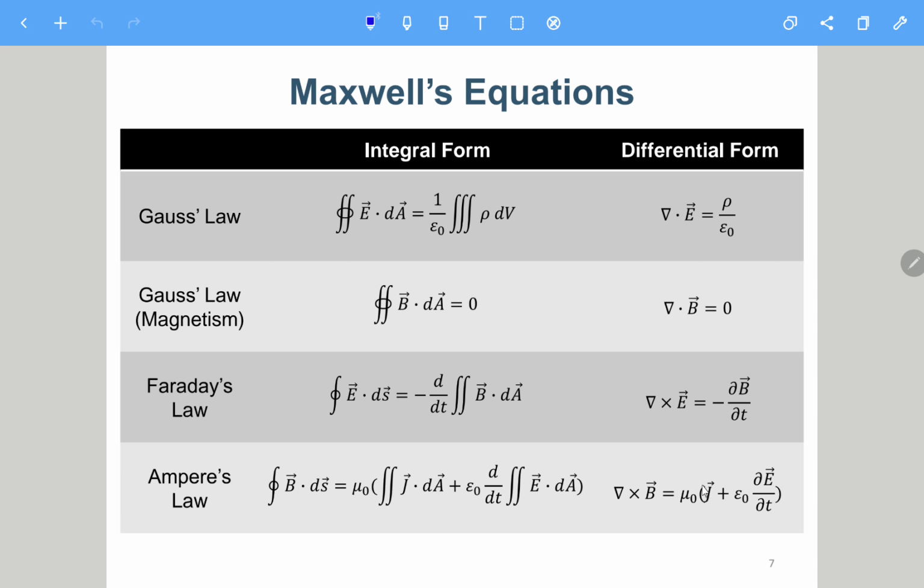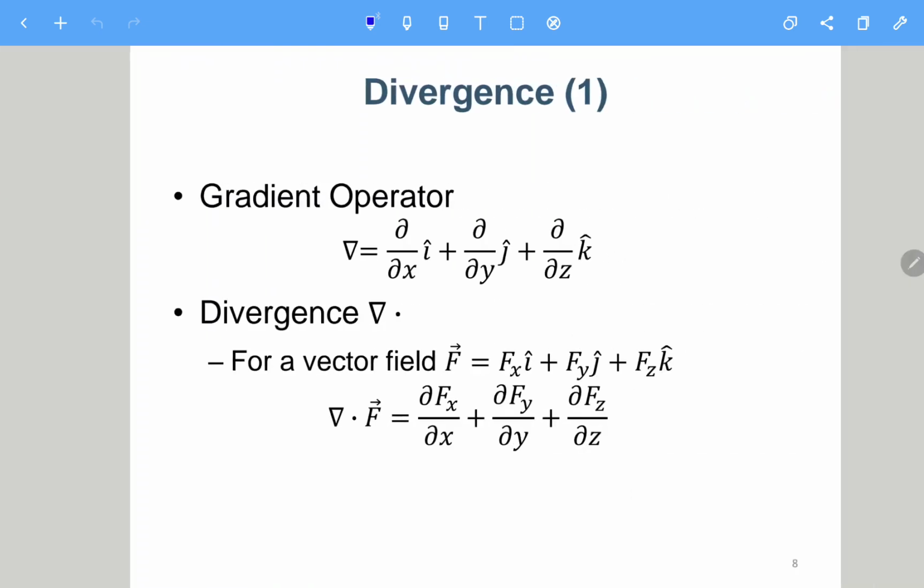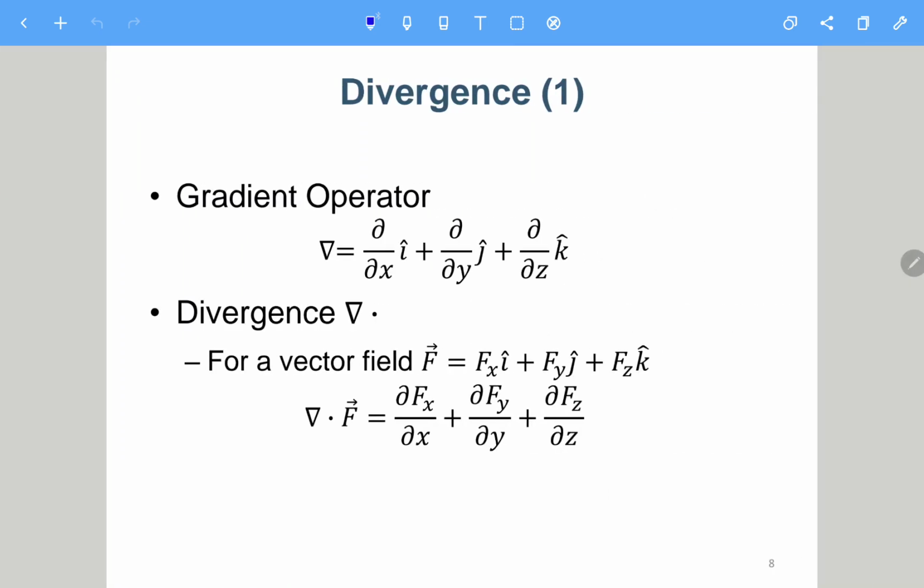Okay, so this is a comparison between the integral form and differential form. Okay, so here we talk about what is the divergence. In chapter 24, we already know what a gradient operator is. And of course, this one is defined in the Cartesian coordinates.